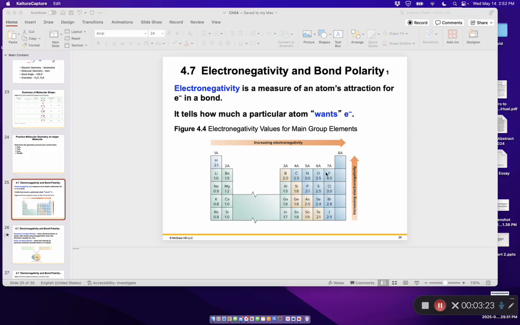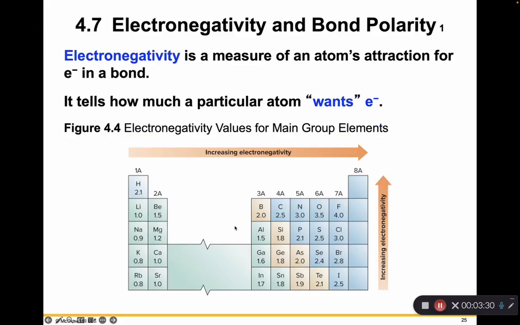Right away you can see the fluorine atom has the electronegativity value 4, so fluorine is the most possessive. The atoms on the metal side have lower values. In the periodic table, the electronegativity value increases as we move from left to right, and as we move from bottom to top in a column, it also rises.